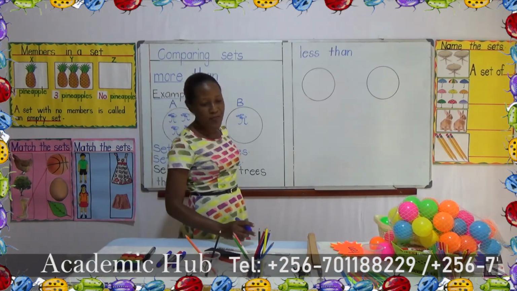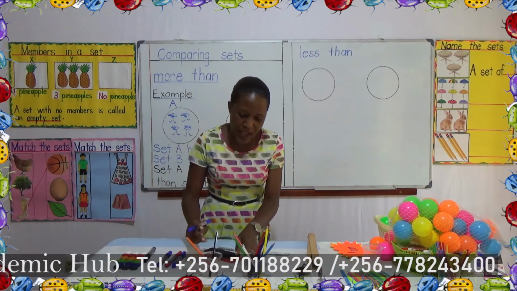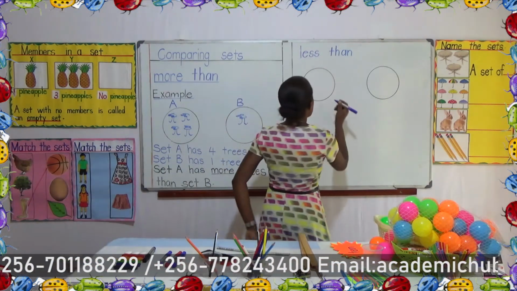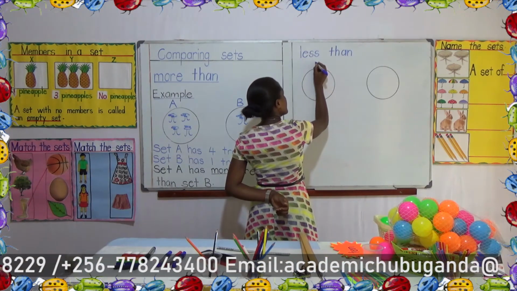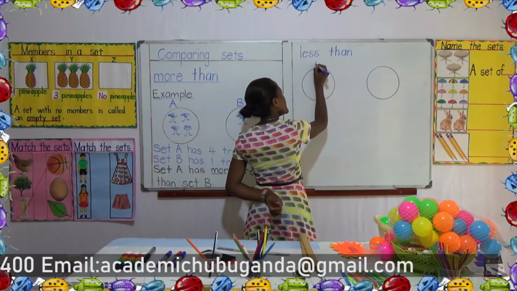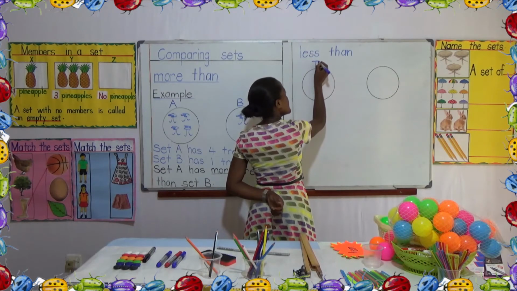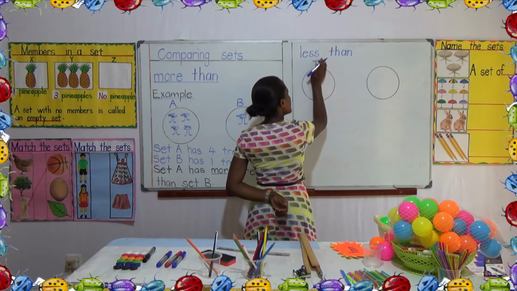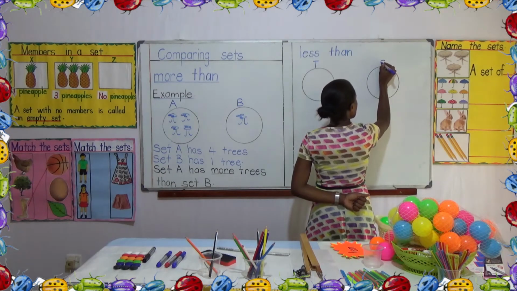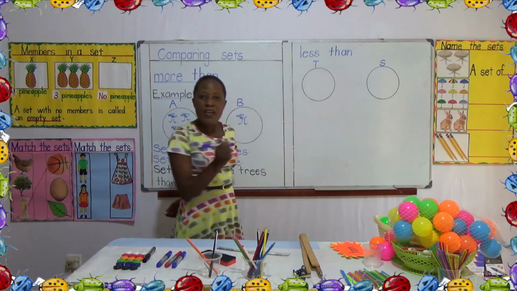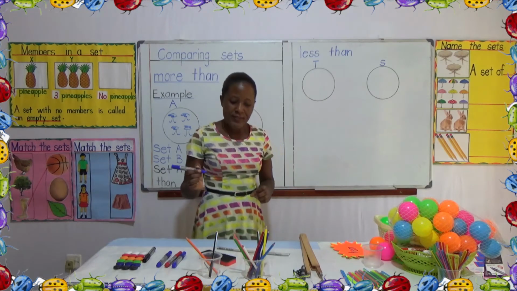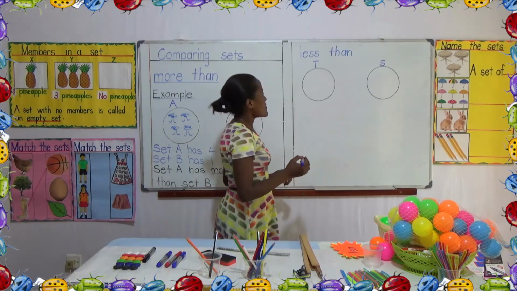This time we use Y and Z. Now let me use, I have used T and S. So we have set T and set S.